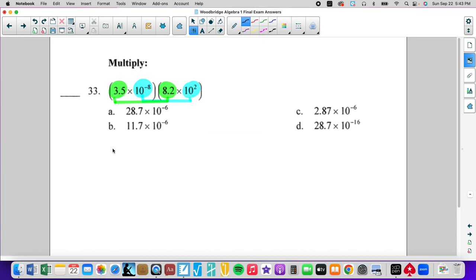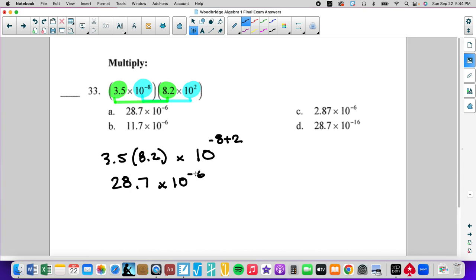And so 3.5 times 8.2 times, and since we have like bases and we're multiplying, that's going to be addition. So that's how it looks. 3.5 times 8.2 gives us 28.7 times 10 to the negative 6. Now, I would not leave it like that.